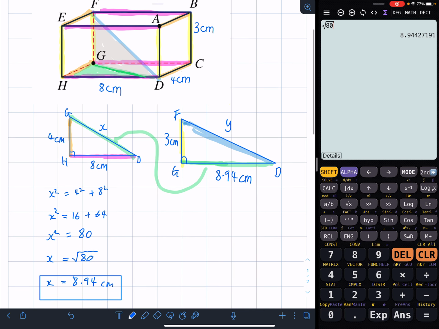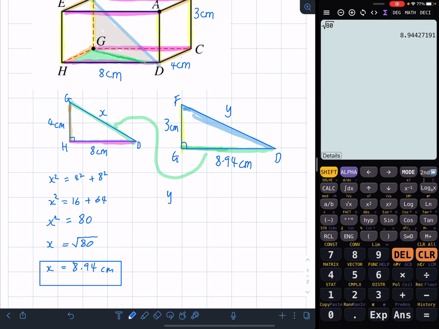Again, using Pythagoras, we've got y squared equals 3 squared plus 8.94 squared. So y squared equals 9 plus 8.94 squared, which becomes 79.92.